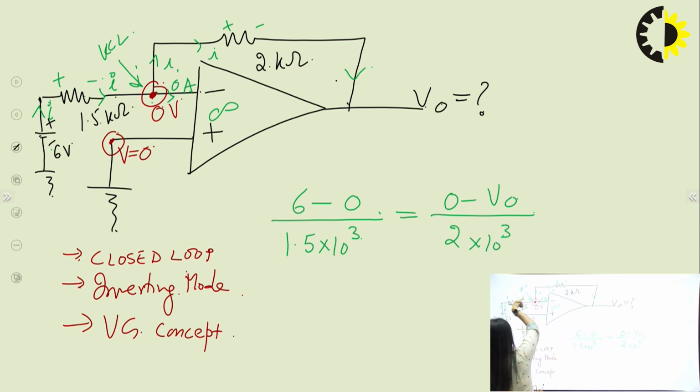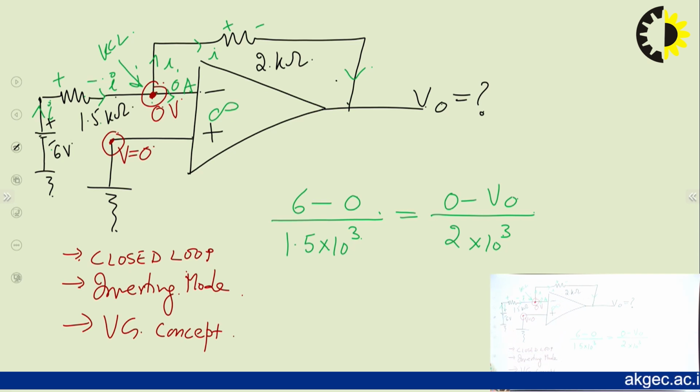The current here is equal to the current in the feedback resistance.